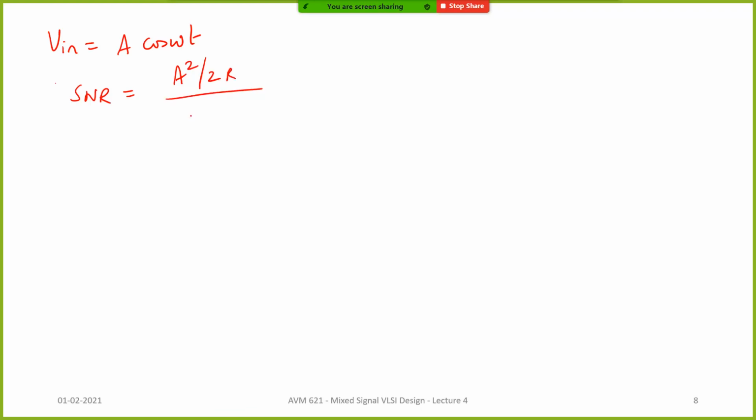And what is the noise power? kT by C. So we just take A squared by 2 as our signal power.